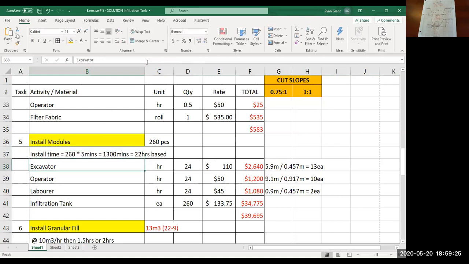Divided by 60, of course, 60 minutes in an hour, is 22 hours of work required.